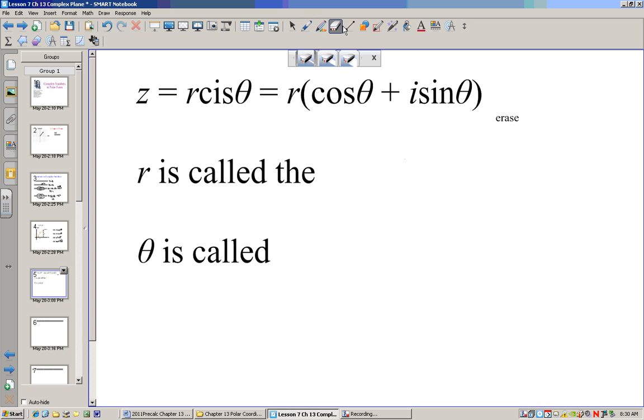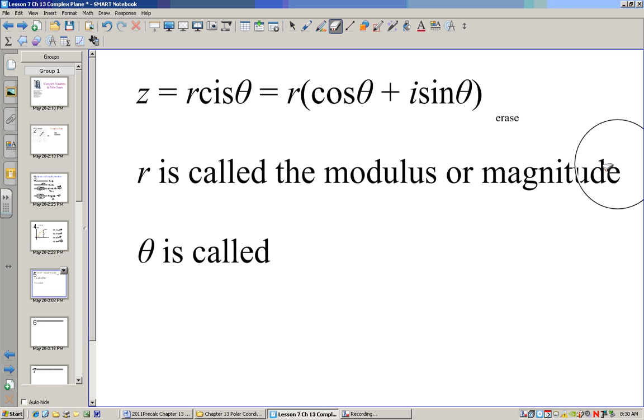Now we have certain names for these. The r is called the modulus or magnitude, and the theta we call the argument. Oh, and I forgot the most important part of this slide. The top is z equals r cis theta.